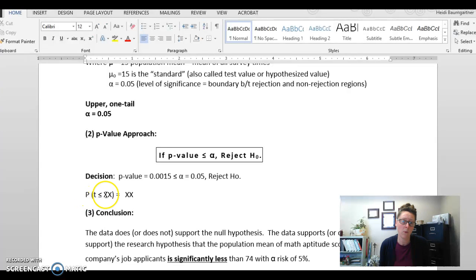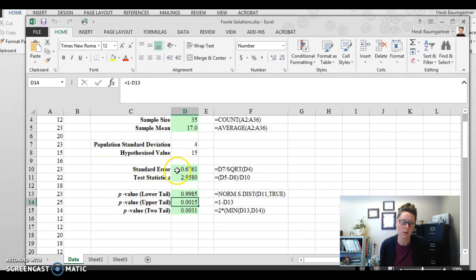The p-value, where our t statistic, which again, looking at our data, in this case, our test statistic is z, which is 2.958.